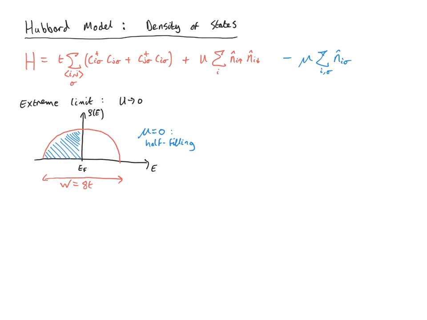So that's what we'd expect in the limit U goes to 0. And we can imagine that if we put on a small finite U, then not much would change to this picture. Let's consider another extreme limit, the extreme limit where t goes to 0.